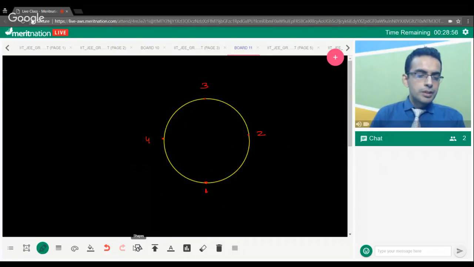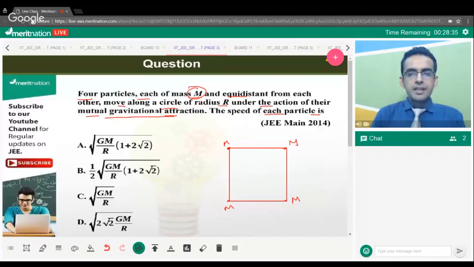So students, now among each other, they are applying gravitational force. Okay. On each other, they are applying gravitational force. This is circular motion. It's given in the question that due to gravitational attraction, the particles are moving in circular motion.